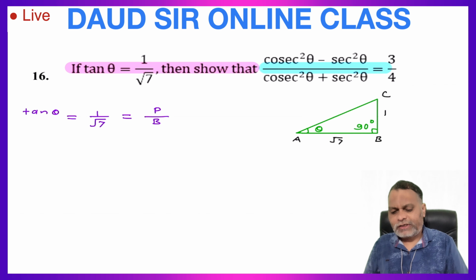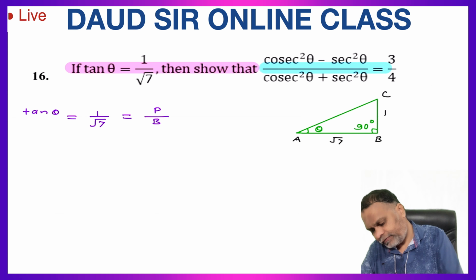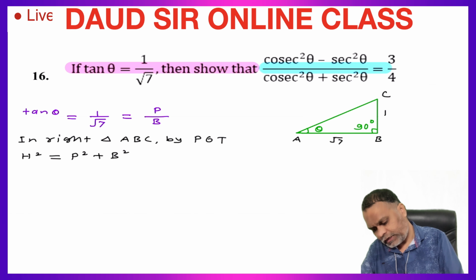So first calculate this hypo side by using Pythagoras theorem. In right triangle ABC, by Pythagoras theorem, h square is equal to p square plus b square. Substitute the values. H is equal to AC, so AC square.